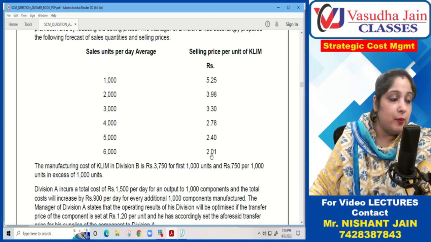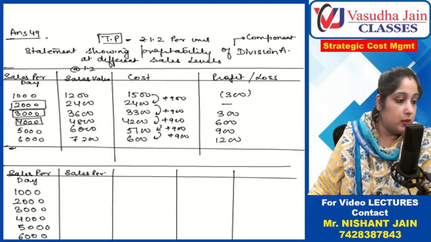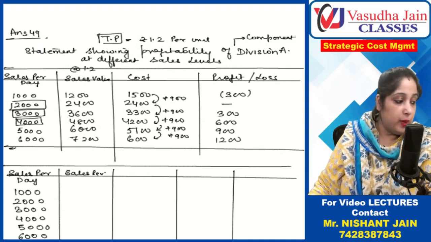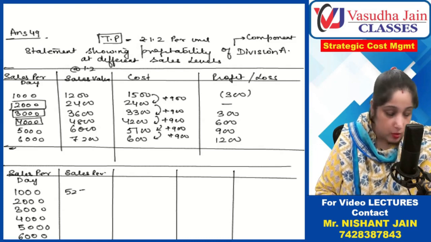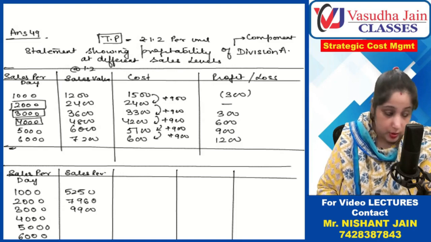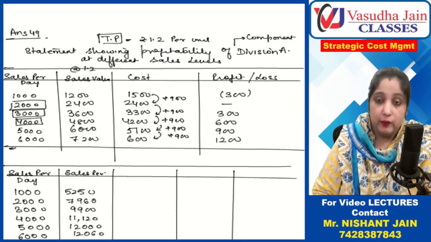So I'm writing the same here as sales revenue. If you multiply, we get 5250, here we get 7960, 9900, 11,000, 12,000 and 12,060. Now we have to write the cost.